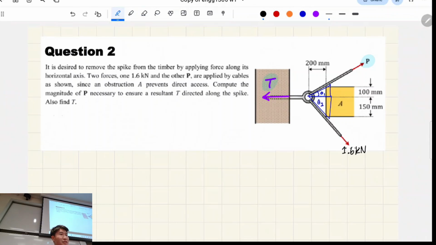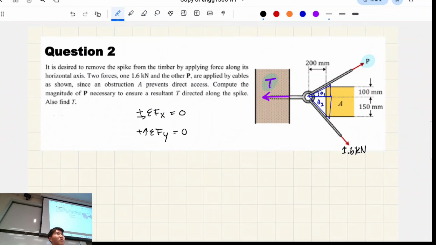And essentially, we have two equations that we can utilize. Sum of the forces in the horizontal direction is equal to 0, and sum of the forces in the y direction is equal to 0.